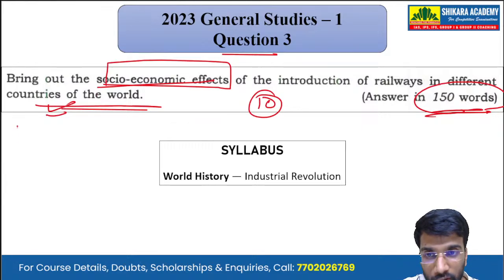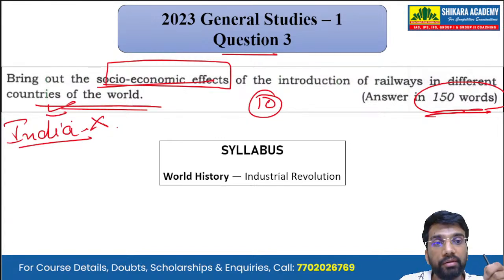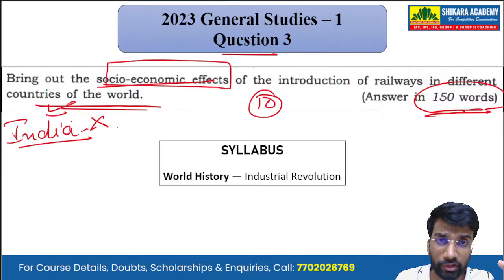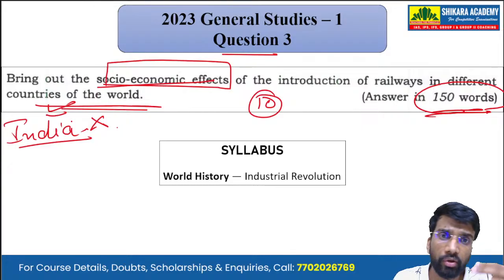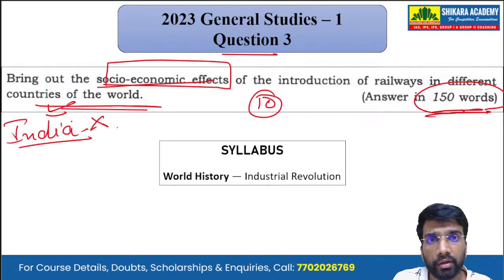Please note that the answer should not be limited to India only. Because it is asking about the socio-economic impact of introduction of railways on the different countries of the world. How the introduction of railways in the 18th century or in the 19th century in different countries affected their socio-economic fabric.